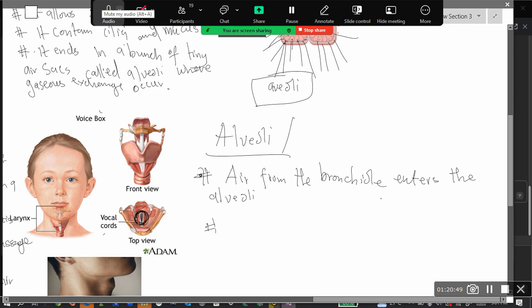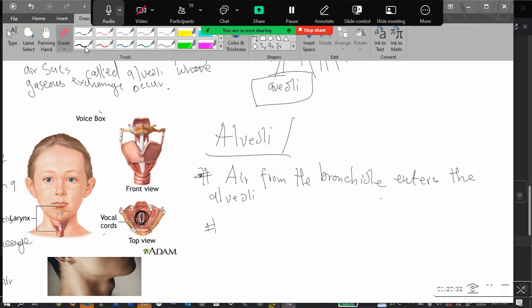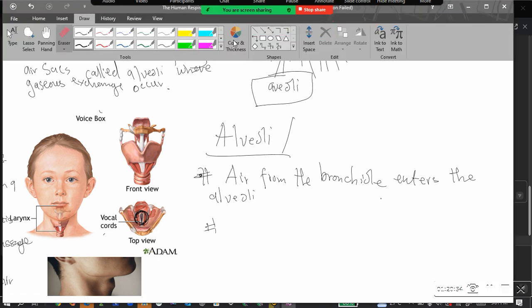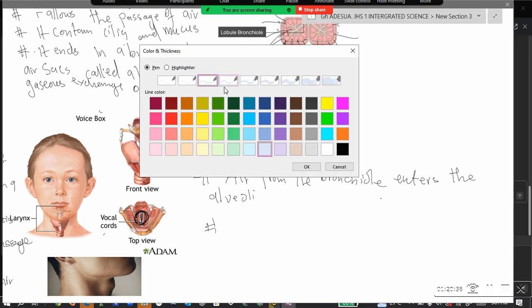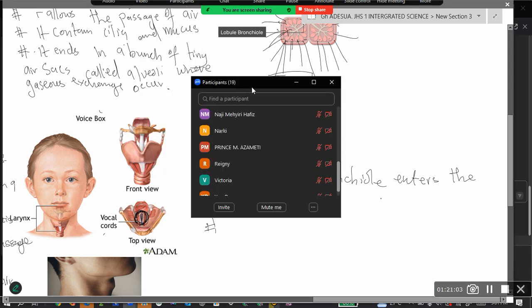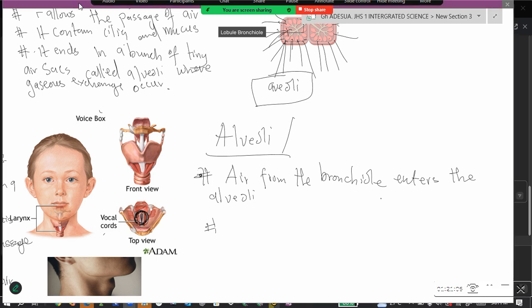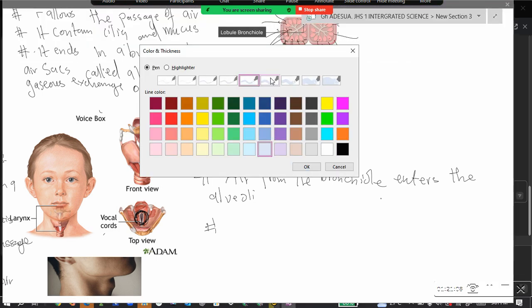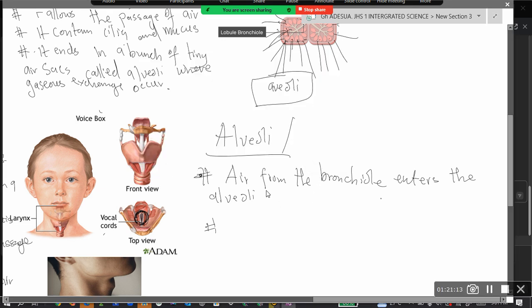The alveoli, they are the air sacs. So that is where the final stage occurs. It has a moist surface.